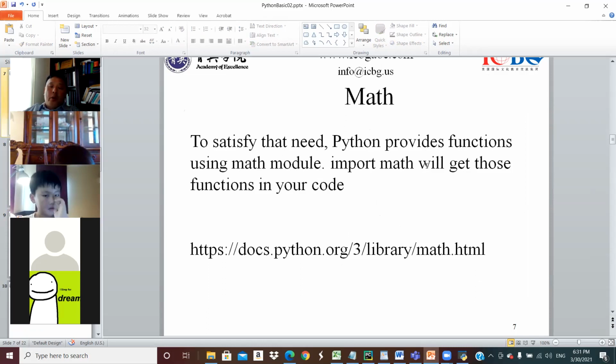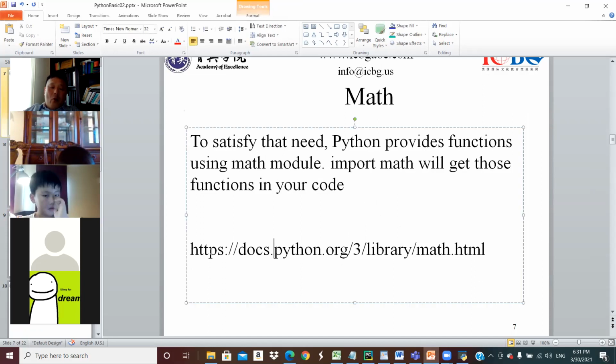So we need to import math and then we get those functions in our code. I want you guys to take a look at this website.